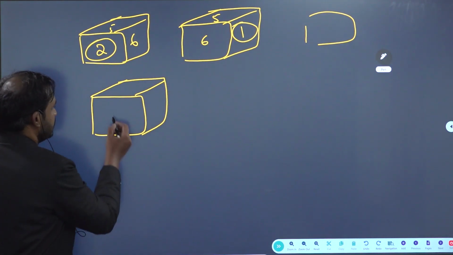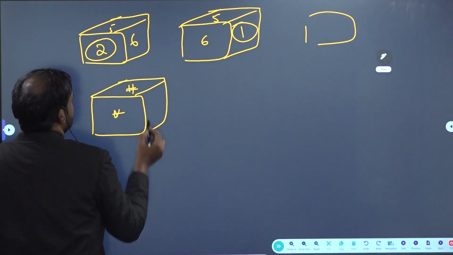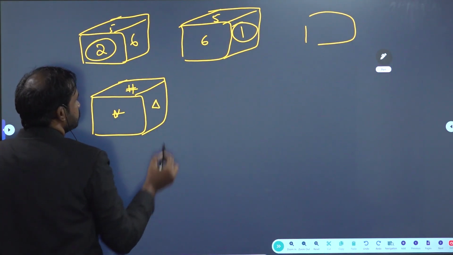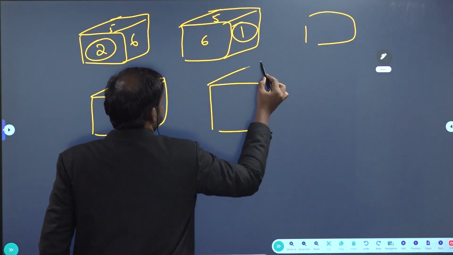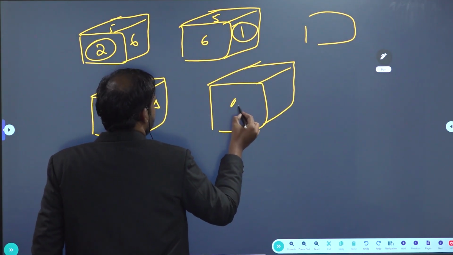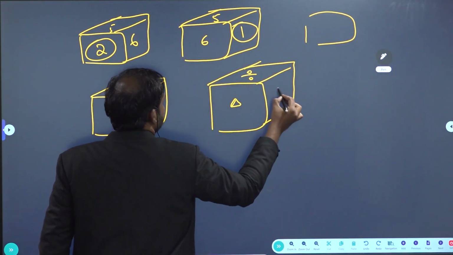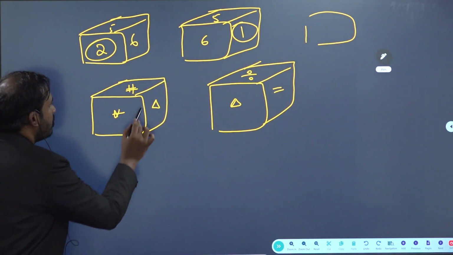For example, see here, I have star, asterisk and triangle. Next one, I have triangle, division and equal to. Now students, what is the common one between these two?